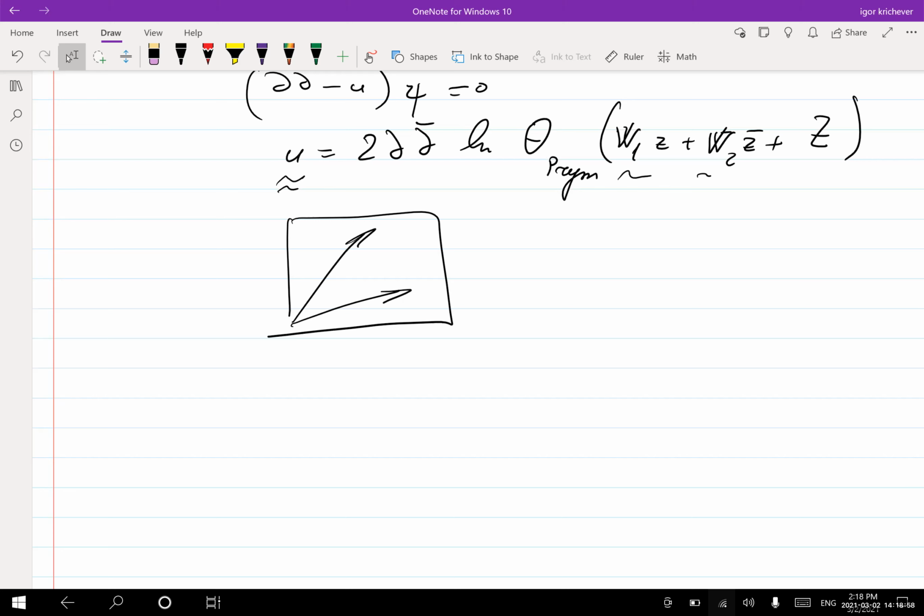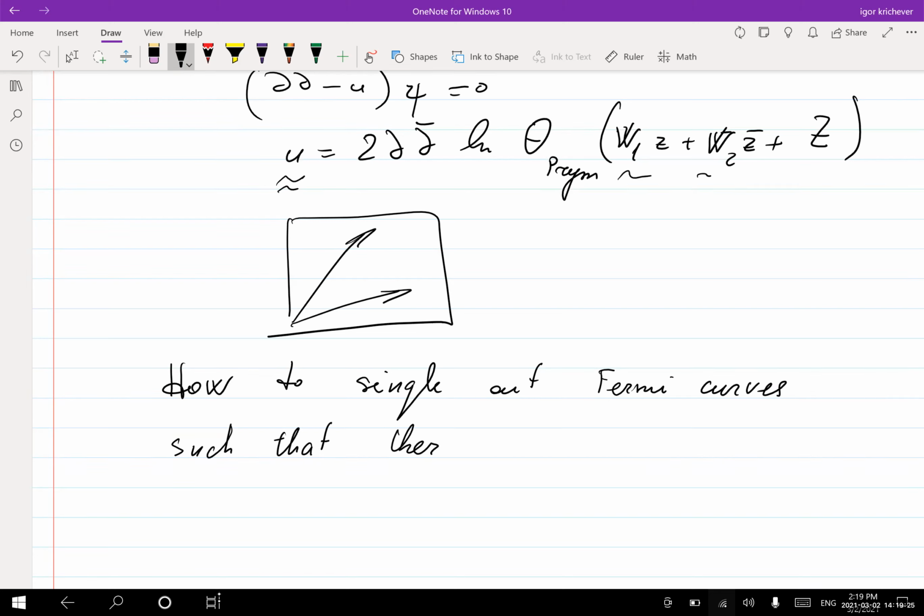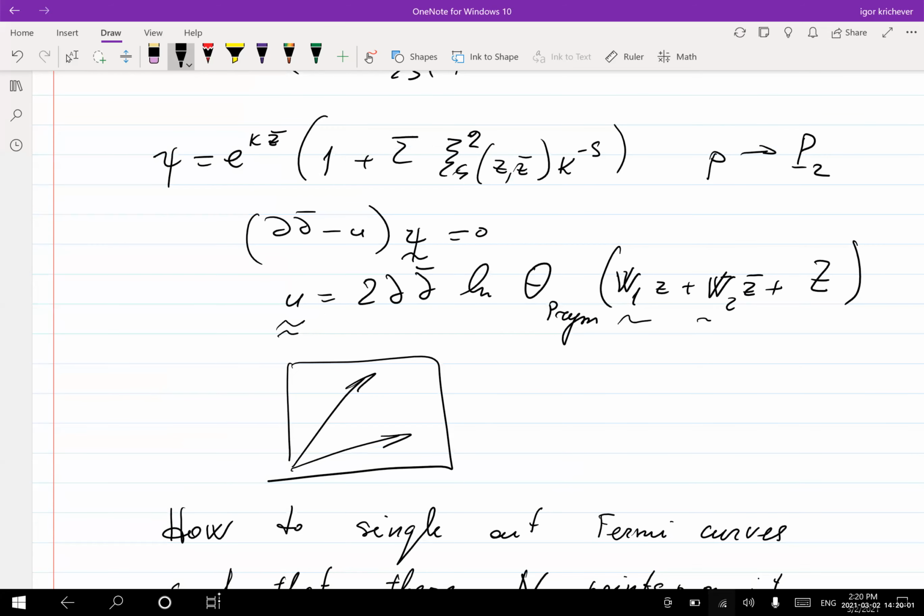So now comes the other question. How to single out curves, Fermi curves, such that there are n points P_i on it such that the function ψ, for any point on the curve, is a solution to our equation.